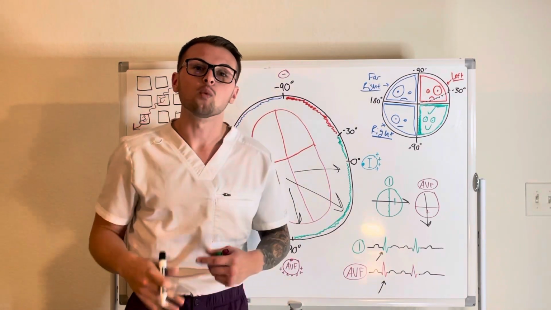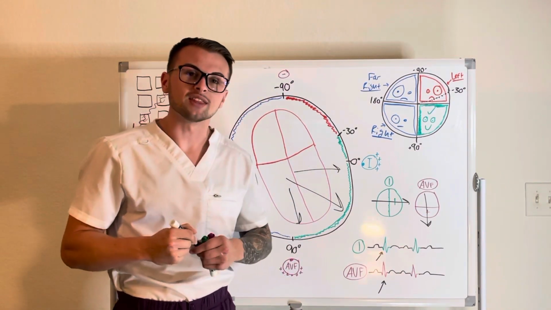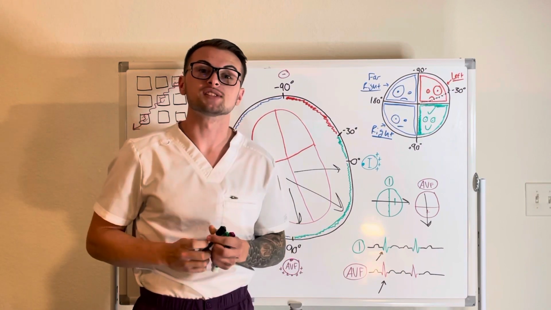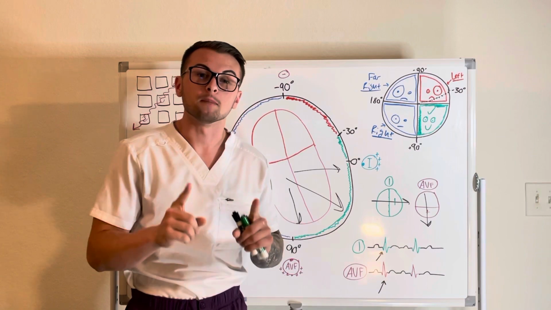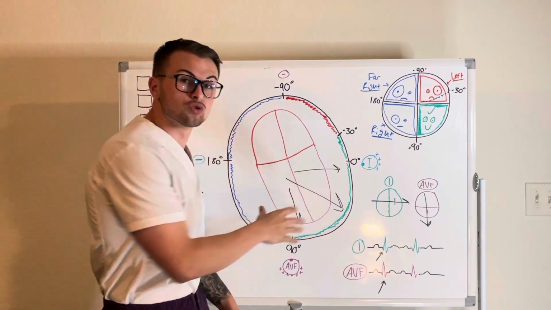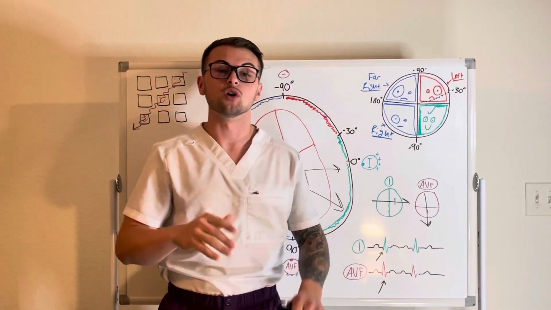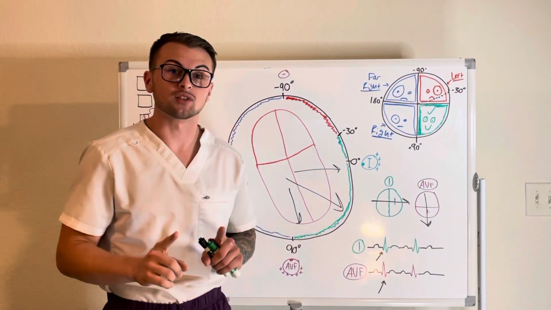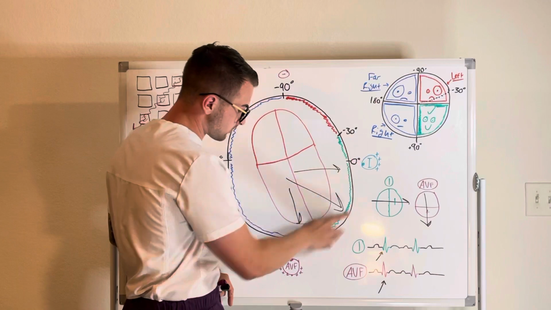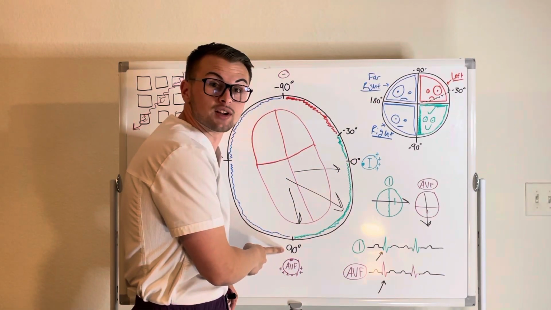So in summary, what have we learned? We've learned that the electrical axis represents the main direction of the electrical impulses made by the ventricles in the coronal plane, known as the XY axis. The normal electrical axis of the heart is between -30 and +90 degrees.